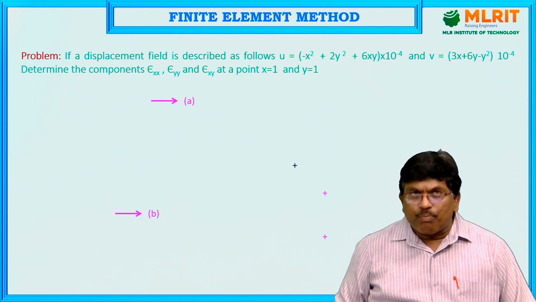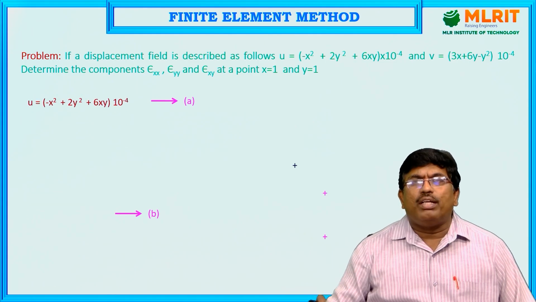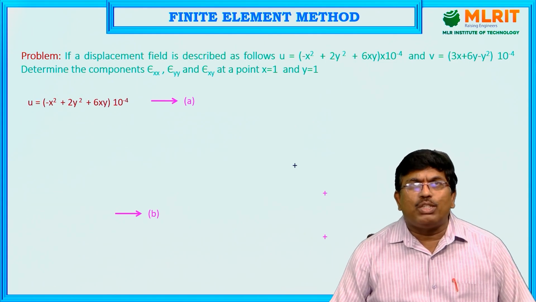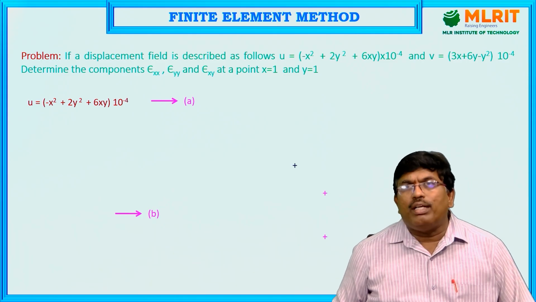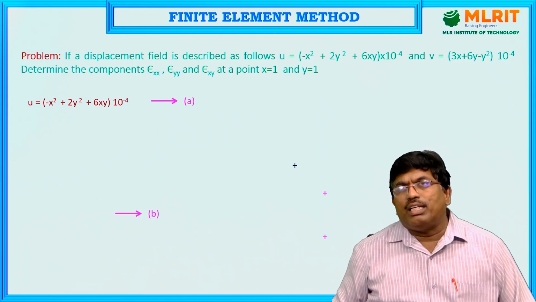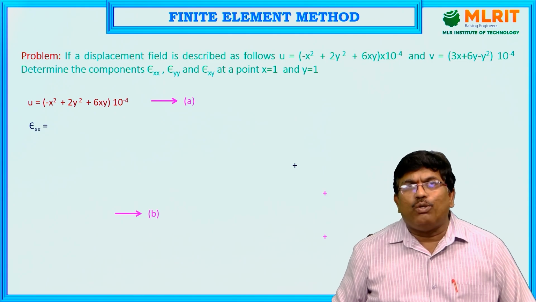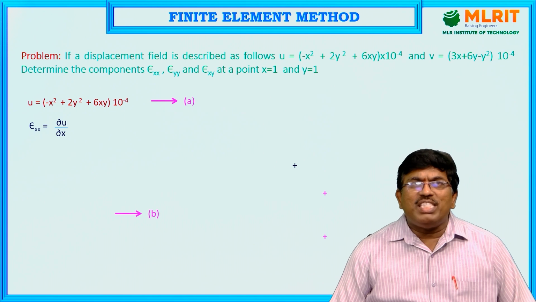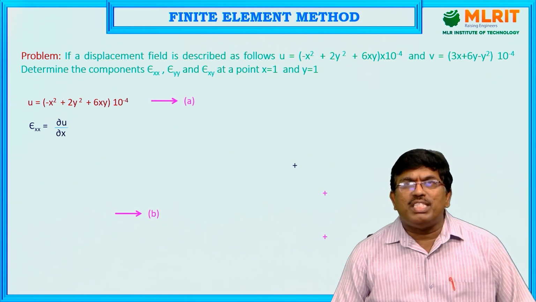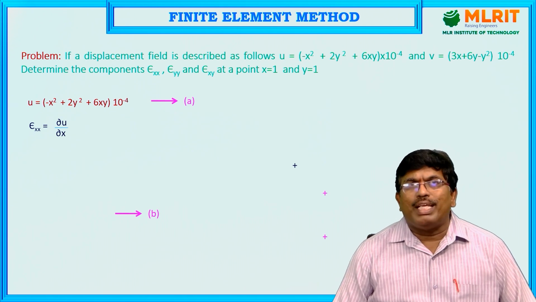So here in the problem, it is given that u equal to minus x square plus 2y square plus 6xy, and we also know that the strain in x direction, epsilon x or epsilon xx, equal to dou u by dou x. That means differentiate the equation u with respect to x.